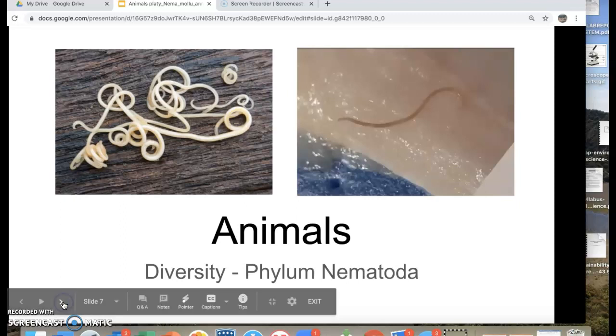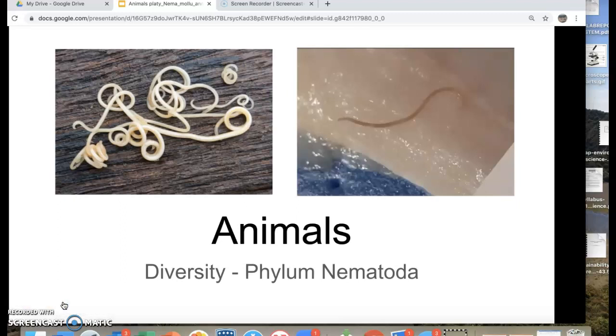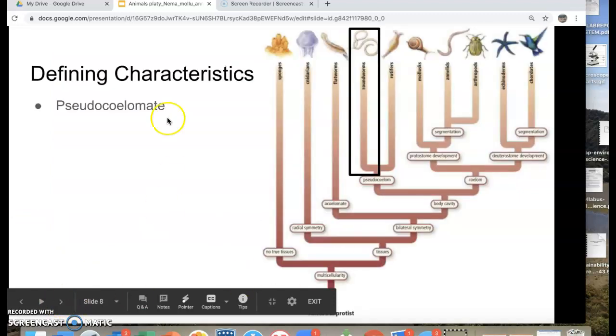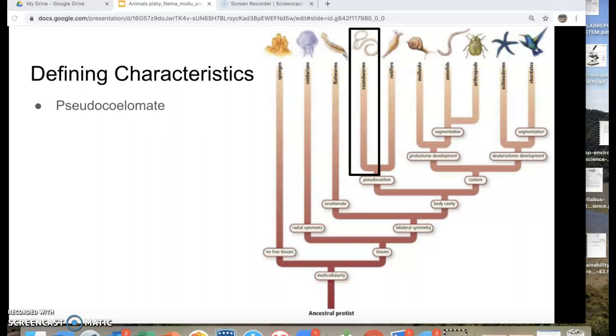Okay, our next section is on phylum Nematoda, and these are roundworms. So roundworms are now in our next section of diversity that you see here on our cladogram.